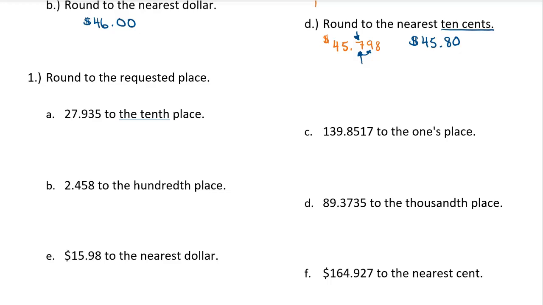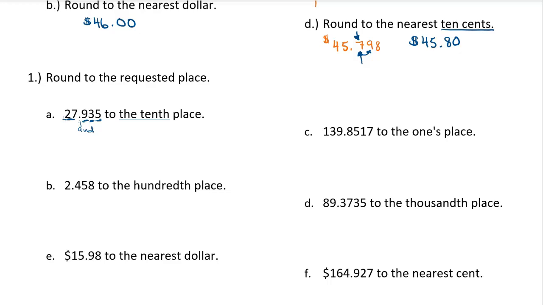All right, so we're being asked to round to the requested place. Before we ever get ready to round, it's good to identify the places that already exist in a number. So for 1A, we have the 10th, hundredths, thousandths. So the name of this number is 27 and, so that's your and symbol, 935 thousandths.